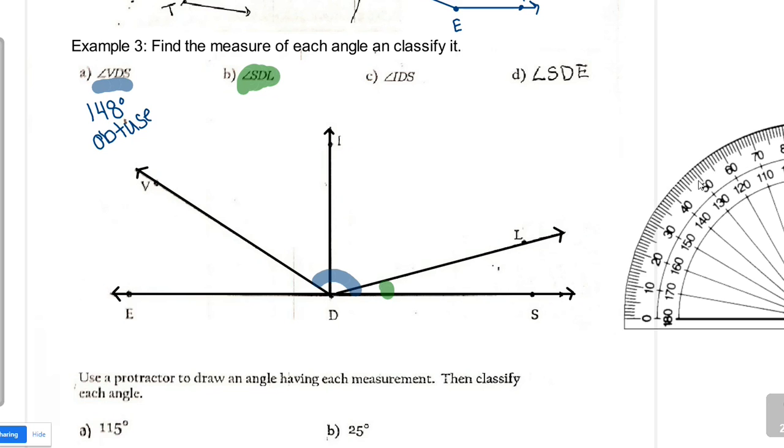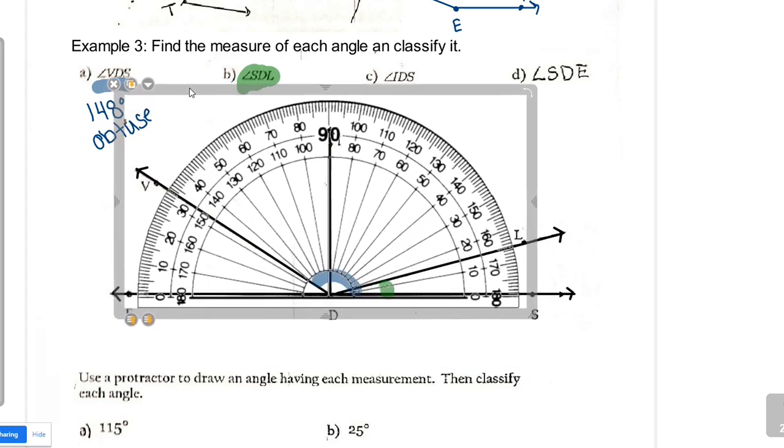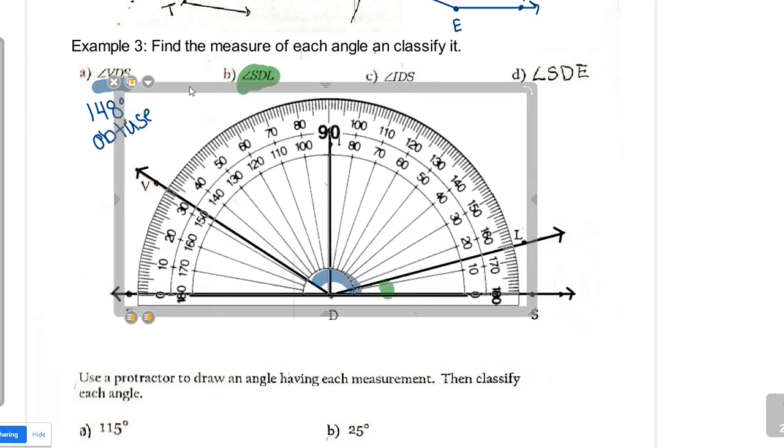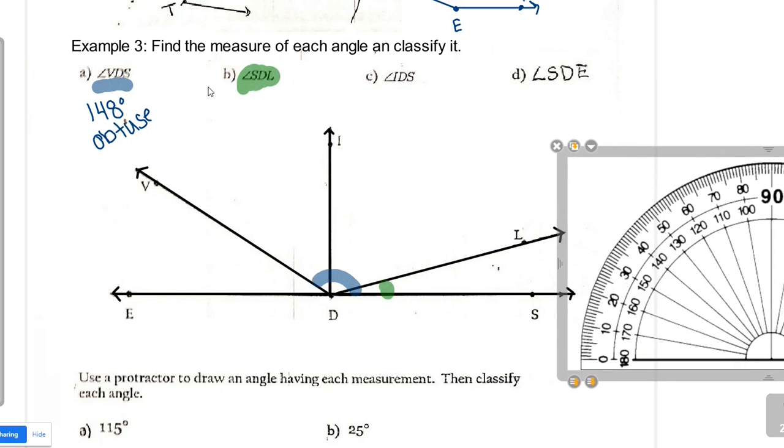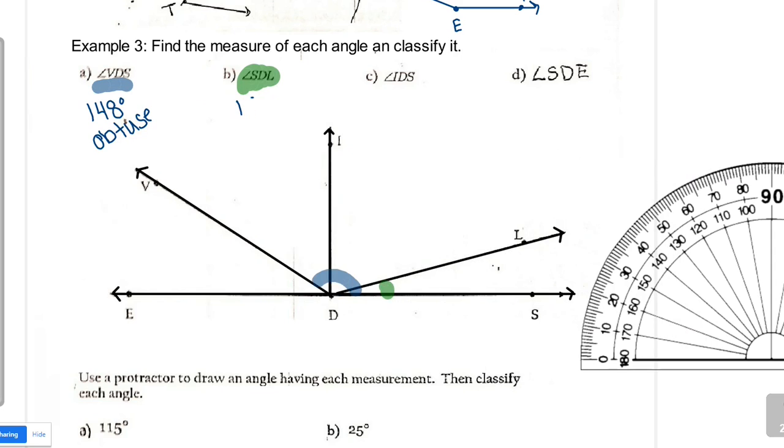Move them over and line them up. We're going from 0 to the angle. We're going to use the bottom numbers here. And it looks like it's right between 10 and 20. So we are going to say this is 15 degrees. And 15 degrees makes it an acute angle.